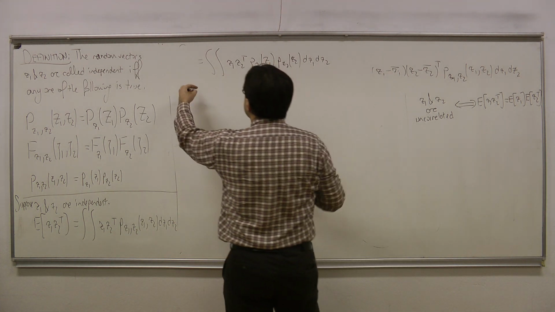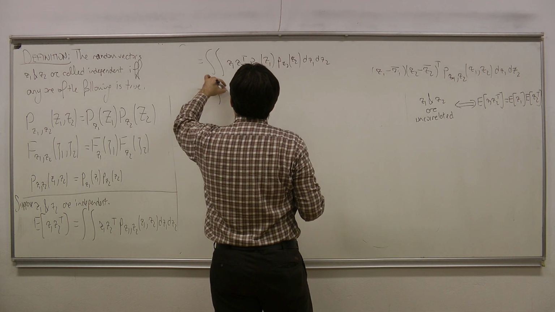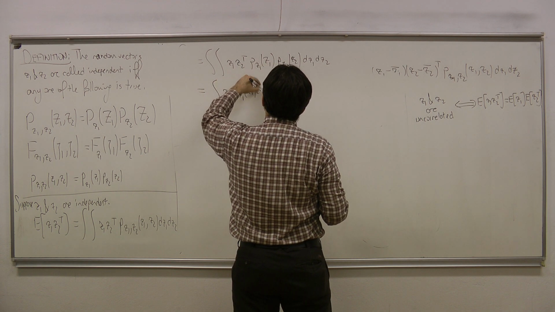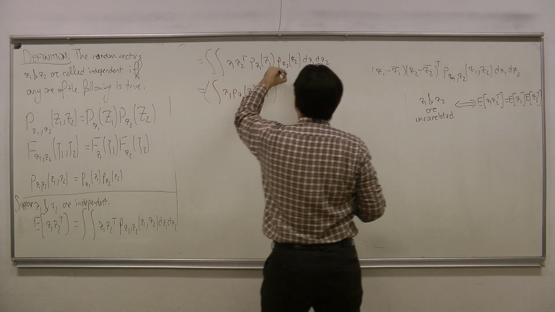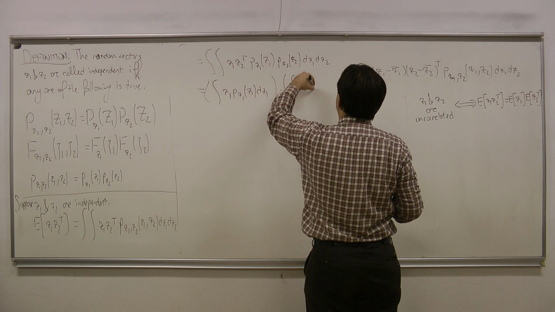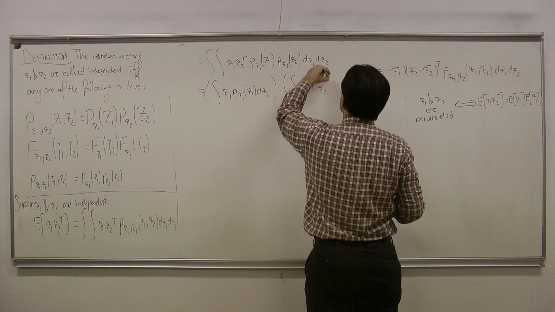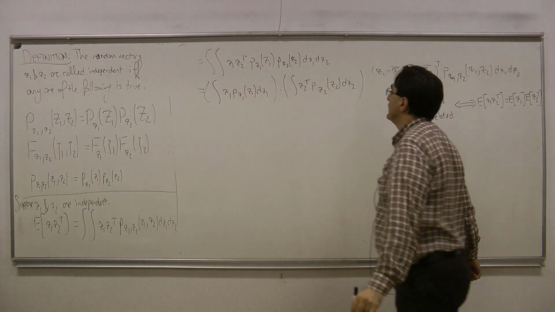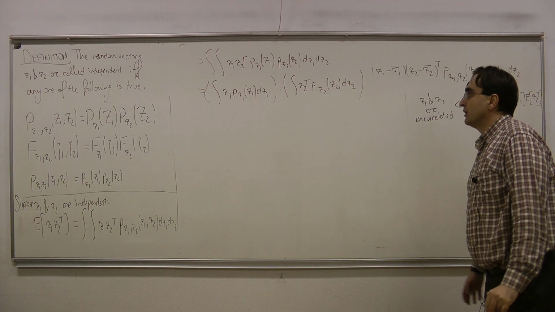So this double integral can be written as the multiplication of two integrals, the integral of Z1 P_Z1(z1) dZ1, times the integral of Z2 transpose P_Z2(z2) dZ2.